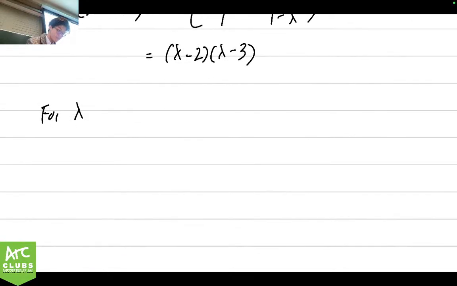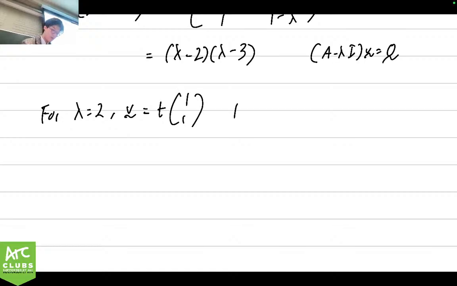For lambda equals 2, again using the same process where A minus lambda I, v equals 0, I'm just going to imagine I've already MATLAB'd or Maple'd this, right? Solved for this matrix. For lambda equals 2, we have the eigenvector v equaling t of 1, 1.